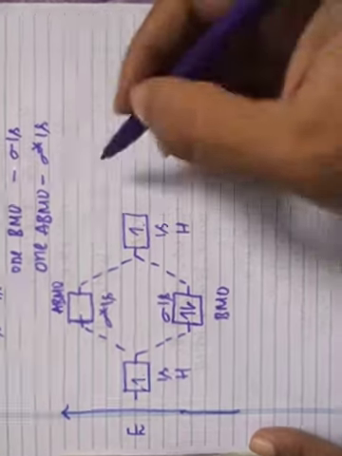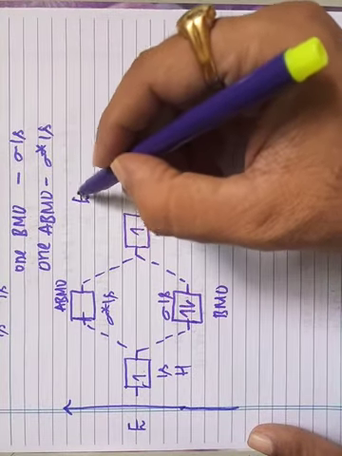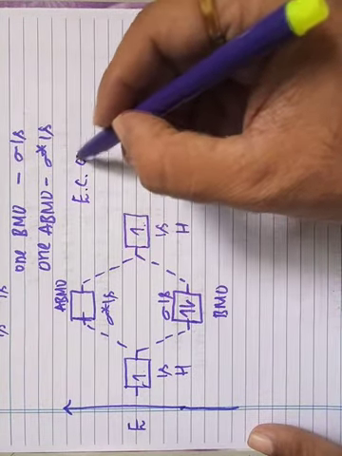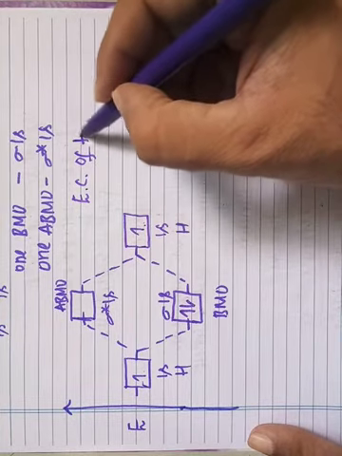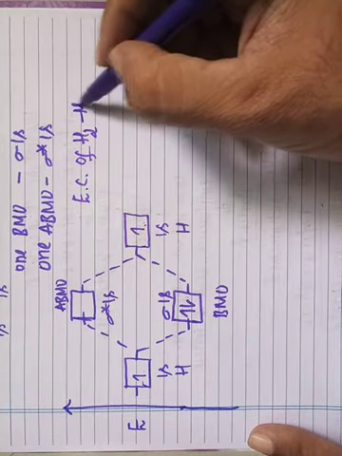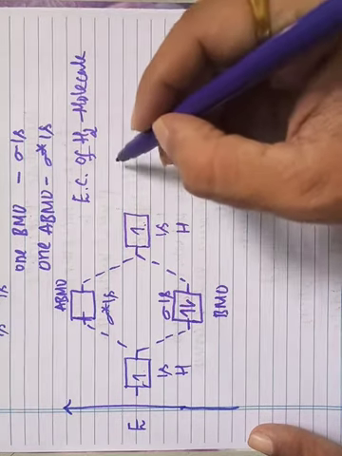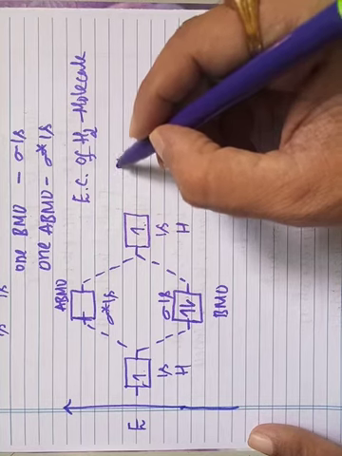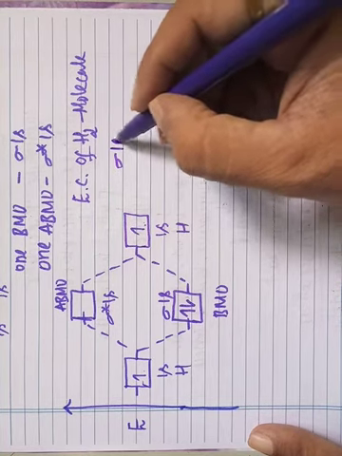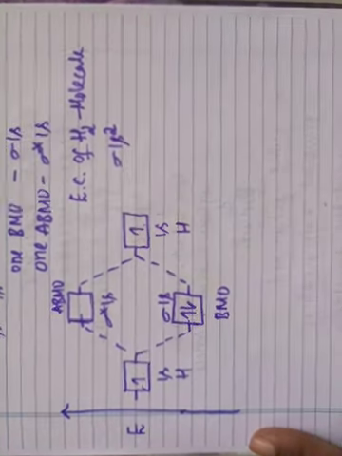So the electronic configuration of the H2 molecule can be written as sigma 1s2.